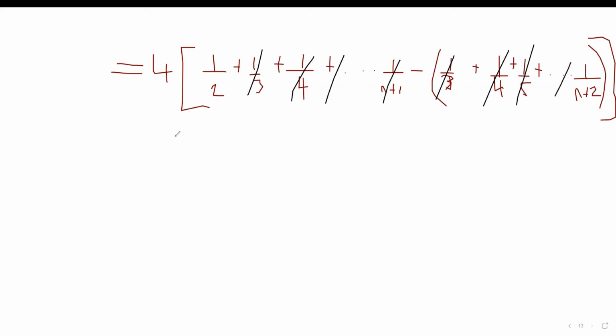Finally, what we're left with is 4 times in bracket, half minus 1 over n plus 2. That works out to be 4 times a half minus 1 over n plus 2.